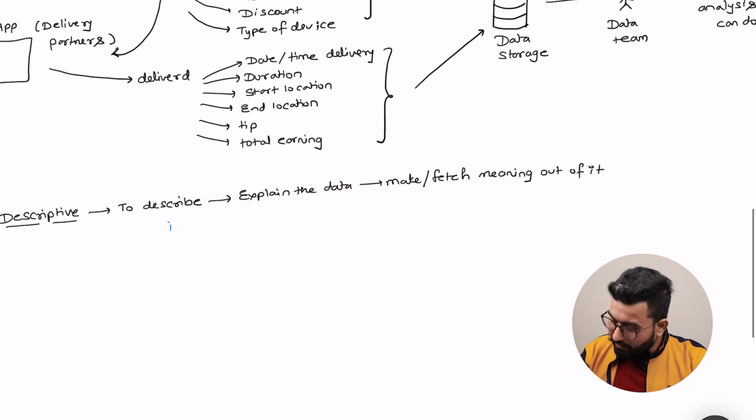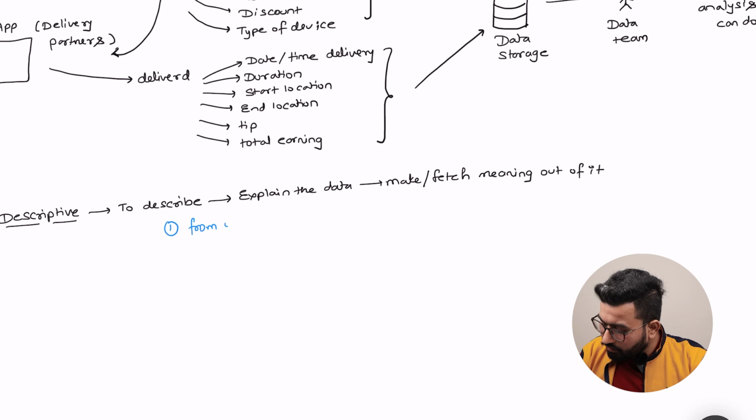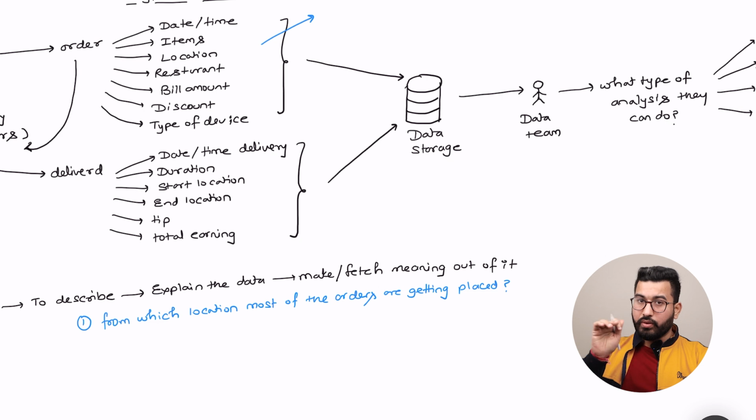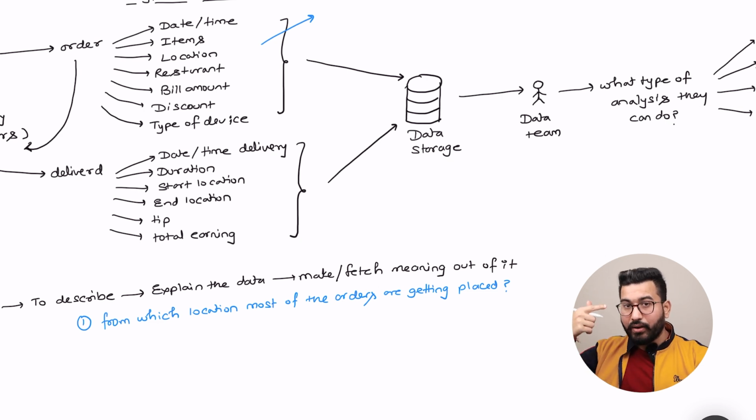Maybe number one is from which location most of the orders are getting placed. If I can answer this question using this data, I have understood something about the data.